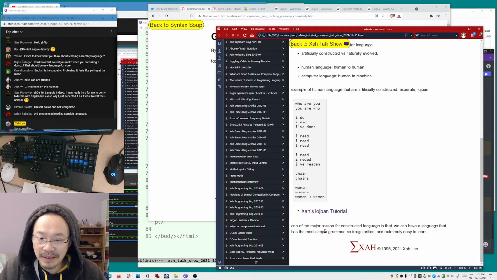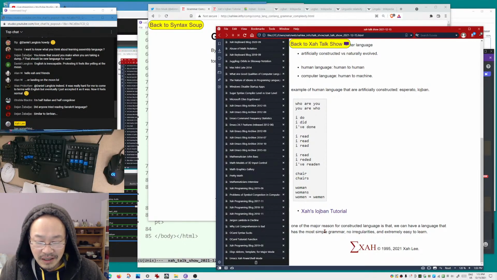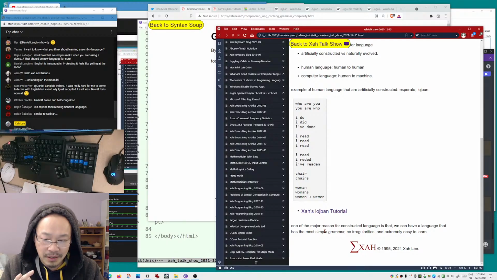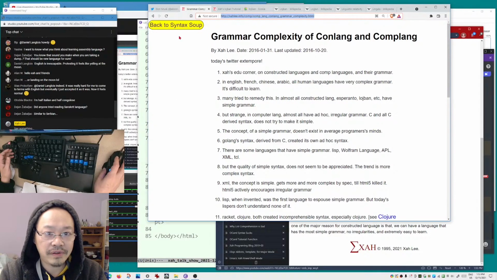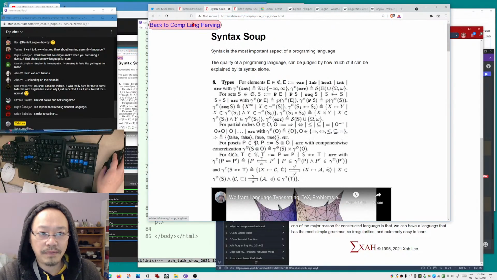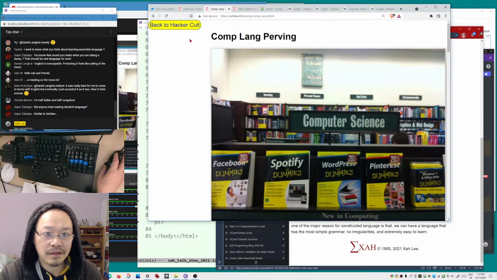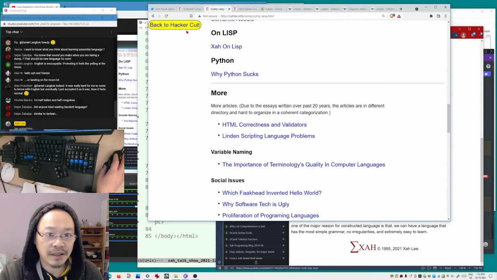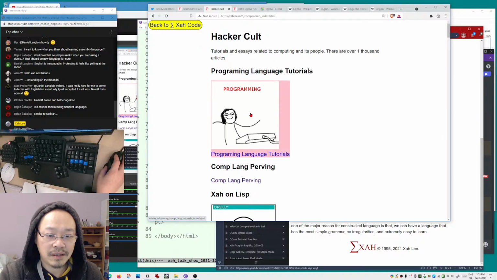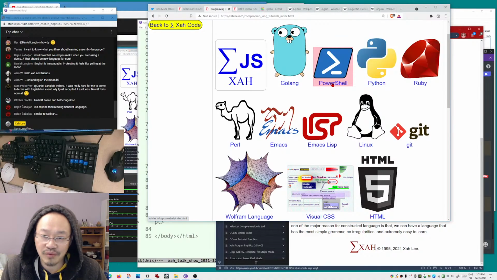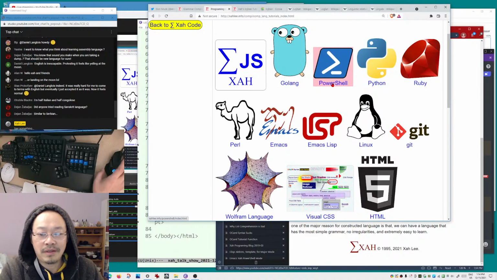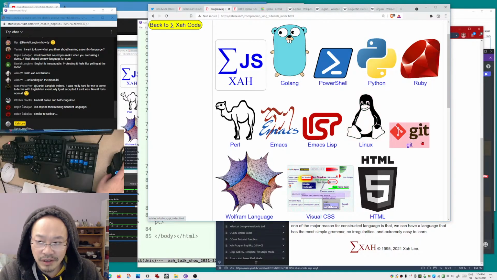I can't say for sure, but if you observe the existing languages, C, C++, C#, Java, JavaScript, Perl, Python, Ruby, let's look at the programming language tutorial. You look at all these languages, Golang, PowerShell, Python, Ruby, Perl, Emacs Lisp, Linux Bash.